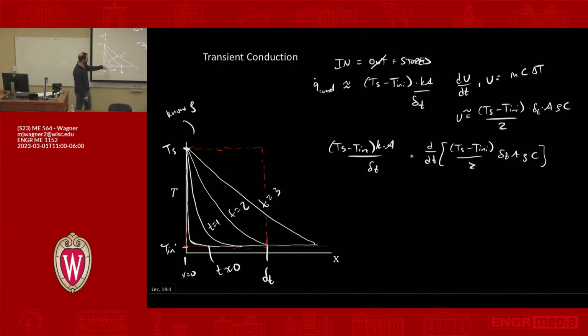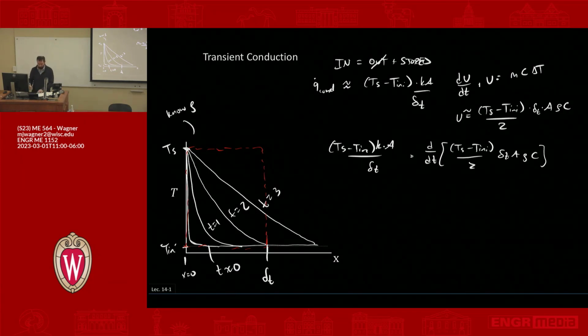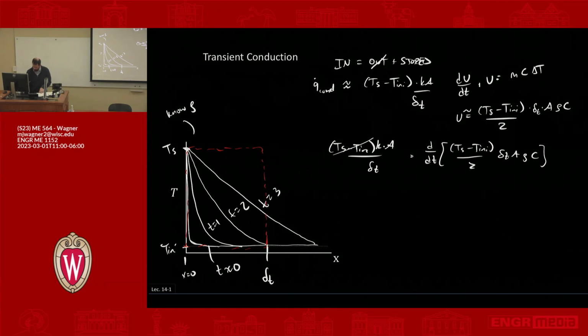What's changing? Delta T is changing, right? My thermal depth is changing with time. So that can't be pulled out. But the areas can be pulled out. Rho C are constant. So if we simplify this a little bit, this cancels out, this cancels out.